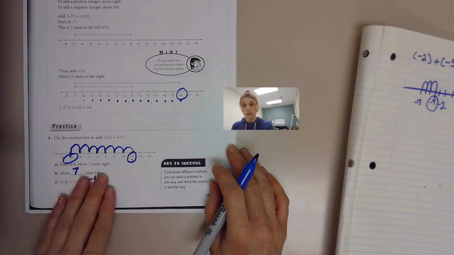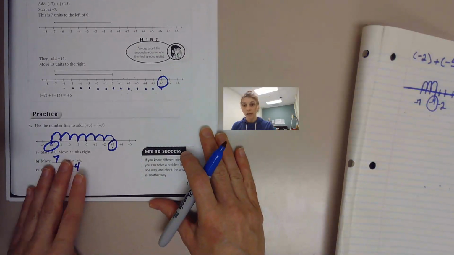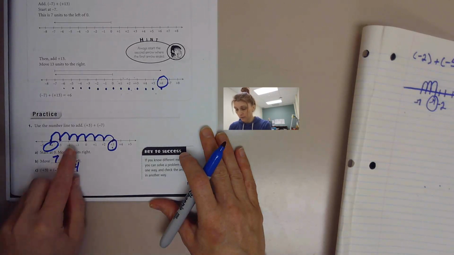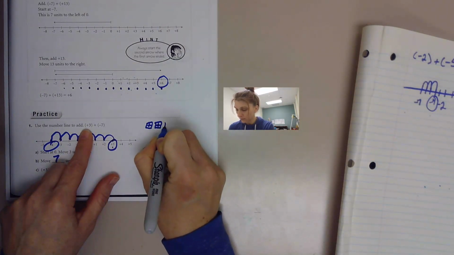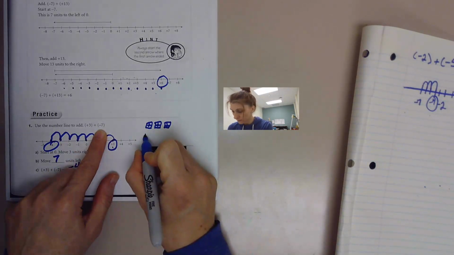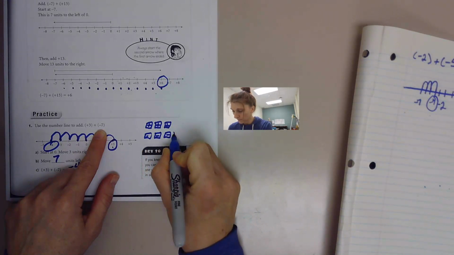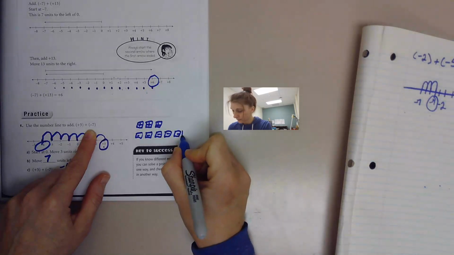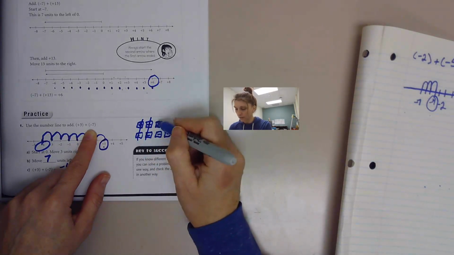If you are struggling with the number line jumps and you need to use the tiles, do it. Okay, +3, 1, 2, 3, and 7 negatives. 1, 2, 3, 4, 5, 6, 7. 0 pairs.